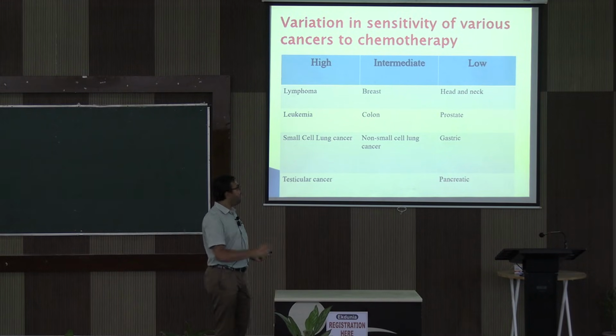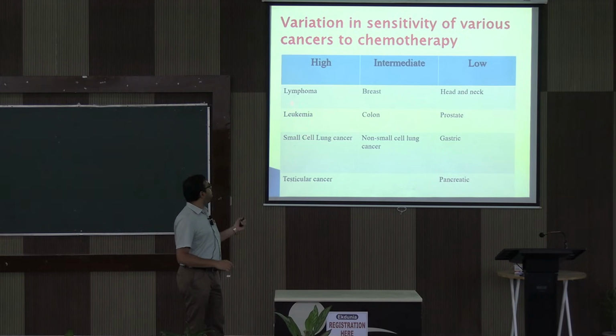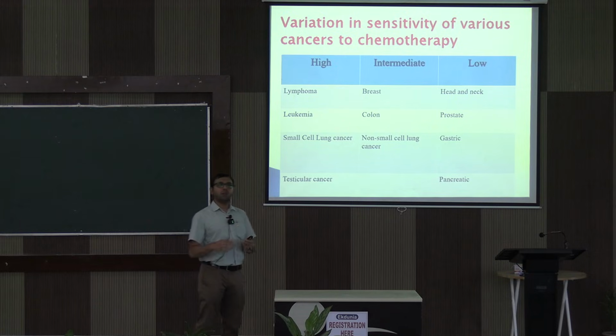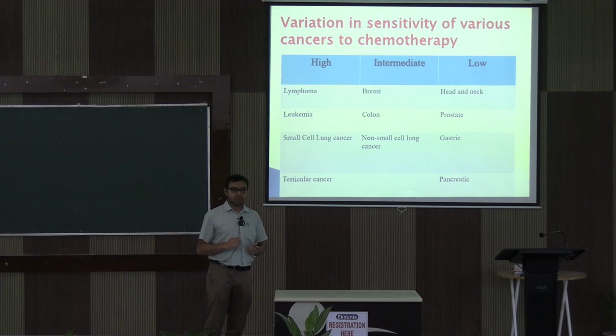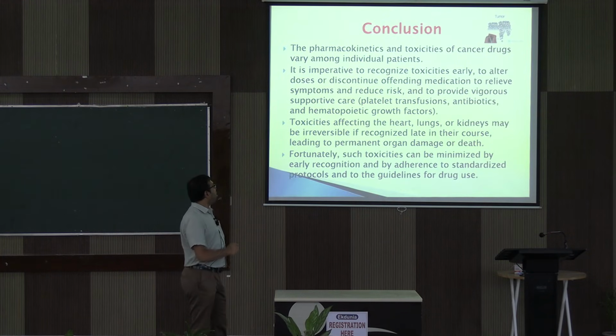But when there is, for example, testicular cancer, it is more or less fully curable. Here we have to give different types of regimens of the cancer chemotherapeutic drugs. Okay. So the pharmacokinetics and toxicities of the cancer drugs vary among individual patients.